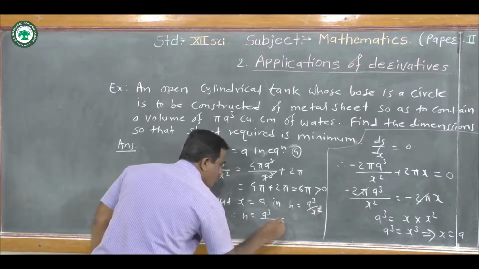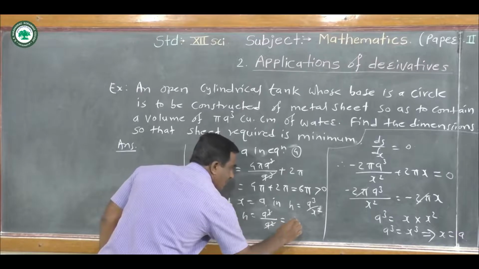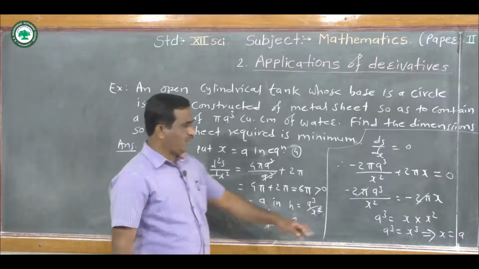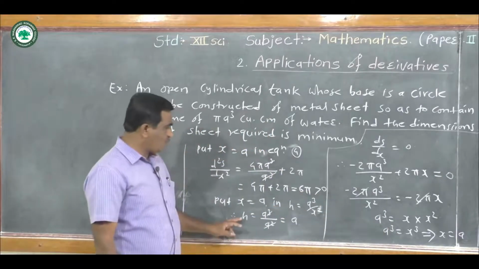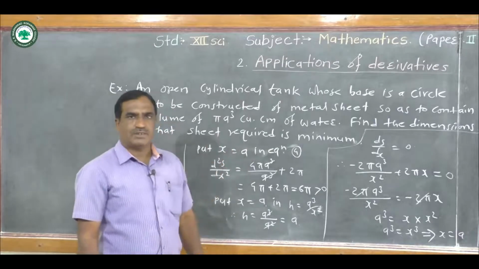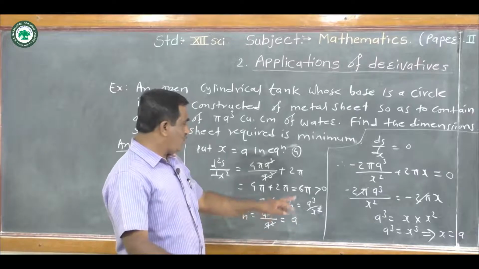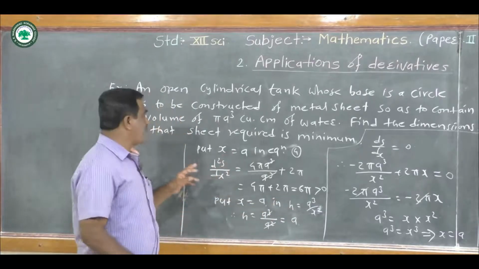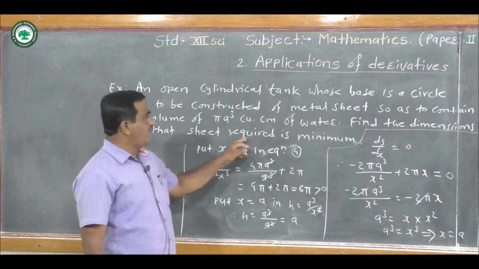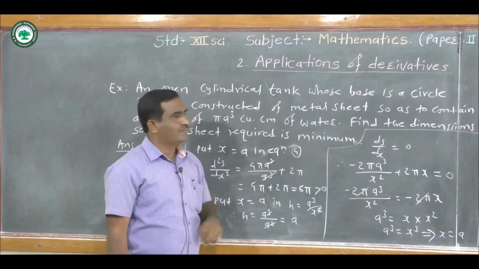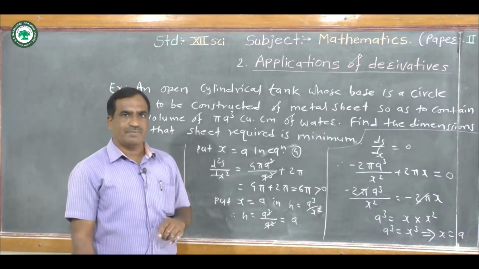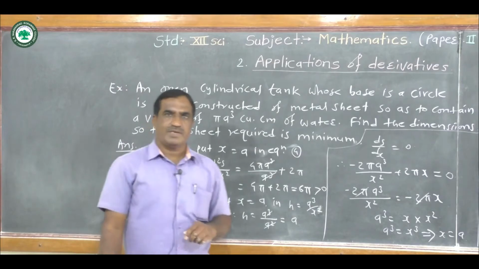That is h is equal to a. We get x is equal to a and h is equal to also a. Therefore, the dimensions of the cylindrical tank are x equal to a and h equal to a when the sheet required is minimum. Okay, we will stop here. Thank you.